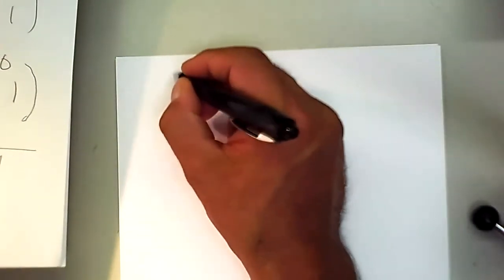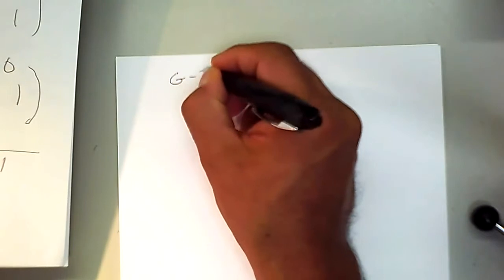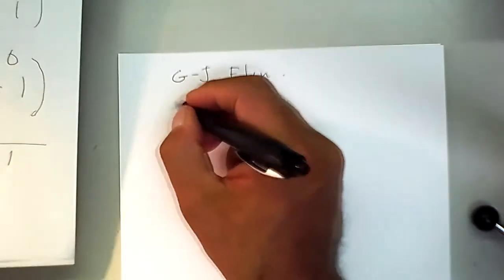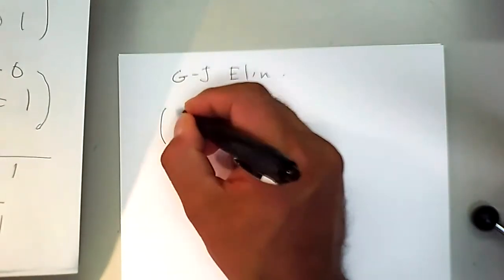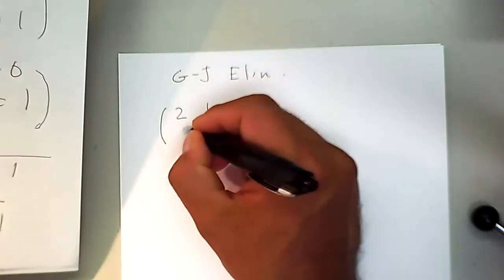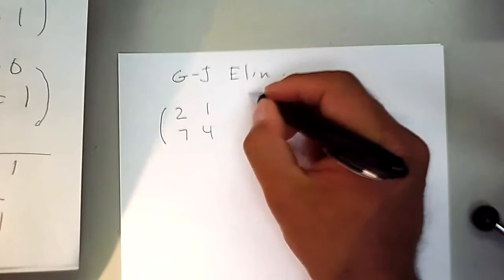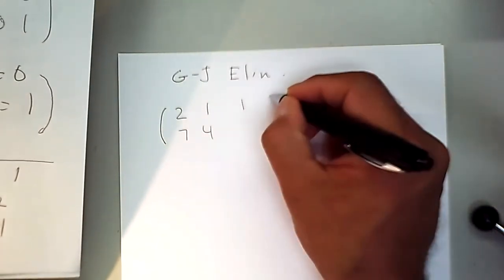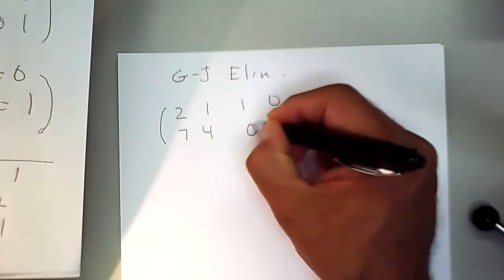We haven't gotten away from the same example. So Gauss Jordan elimination. We start with the matrix 2, 1, 7, 4, and next to it we put the identity matrix 1, 0, 0, 1.